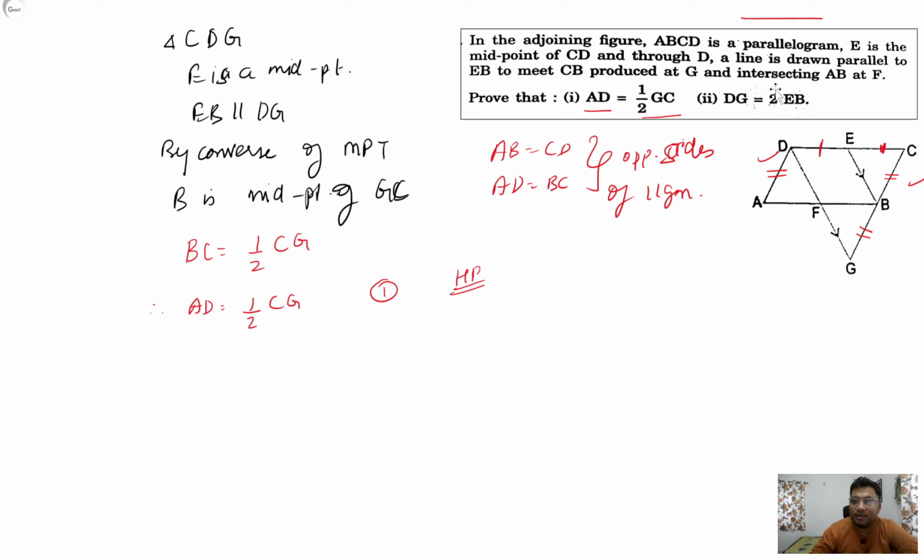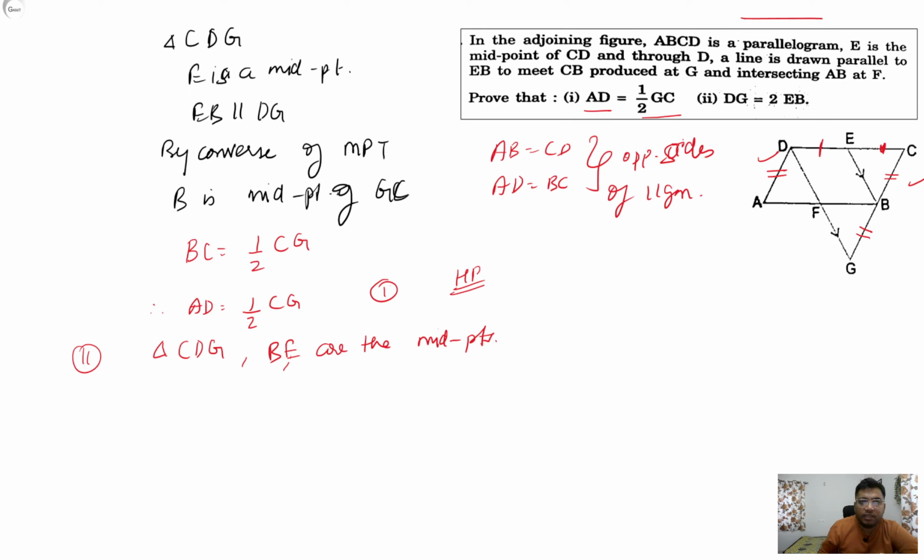It says DG is equal to 2EB is what we have to prove. So DG and EB. Now it's okay. I mean, from here, I think it's just midpoint theorem will take over. So what we have is in triangle, again, CDG, we can say that B and E are the midpoints, right?